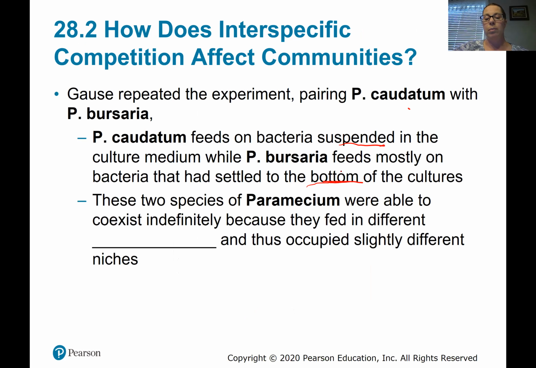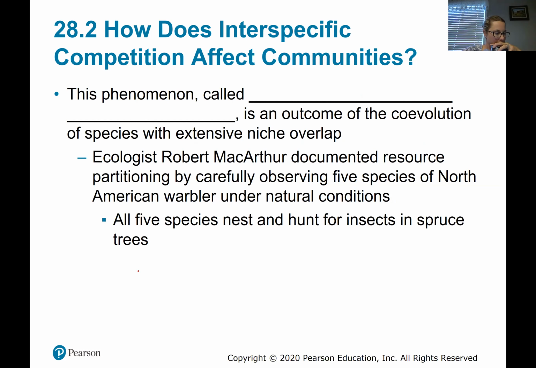And so these two paramecia were able to live in the same environment. They could coexist because they had different niches, because they fed in different places. And so their niche was slightly different. When they're exactly the same, they cannot coexist. And one population will either be wiped out or caused to change a little bit.